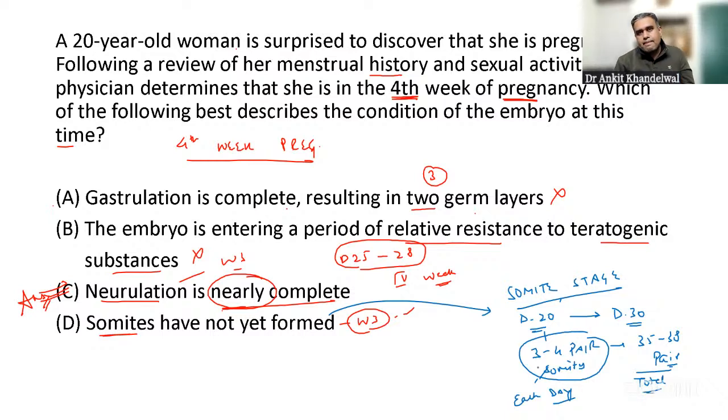Understand this. Somites begin to form on day 20 and they keep on forming till day 30. Forming means the number begins to increase. Then they have the whole process of dividing into sclerotome and so on. That's a different story. But remember the somite stage. So the answer for this question is option number C.